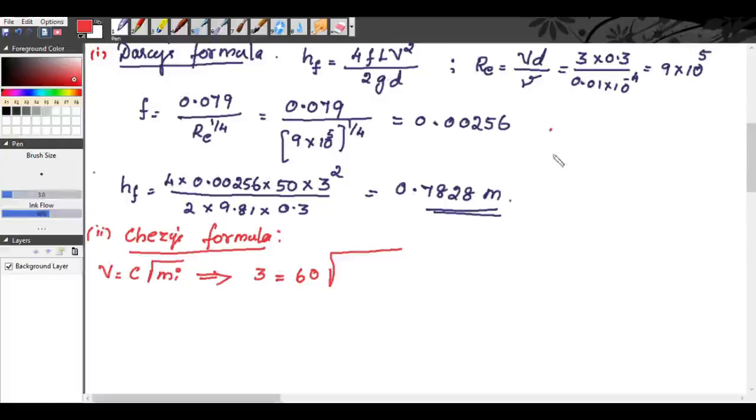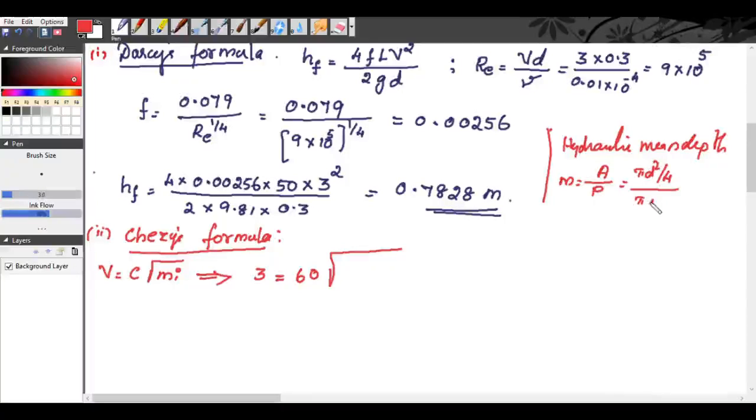So I'll write here, hydraulic mean depth m is equal to wetted area by perimeter. Wetted area is pi d square by 4. Perimeter is pi d. From which we get hydraulic mean depth m is equal to d by 4 if the cross section is circular. The diameter of the pipe is 0.3, so 0.3 by 4 into i.